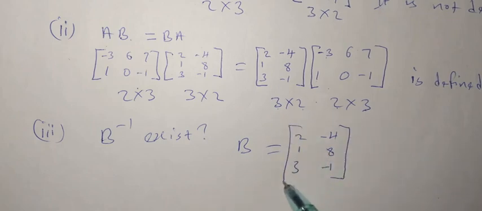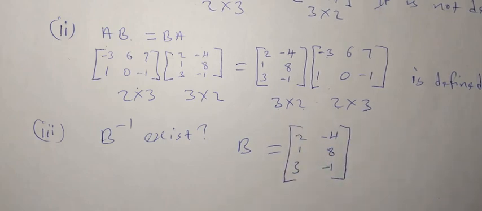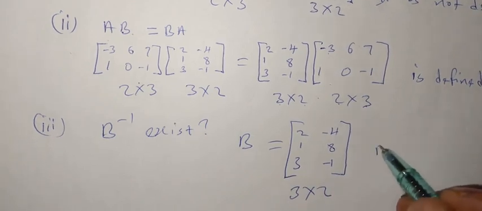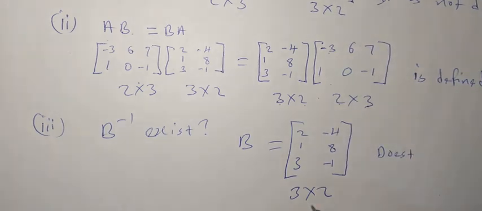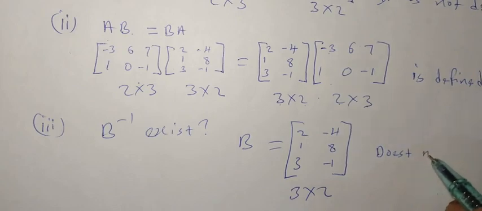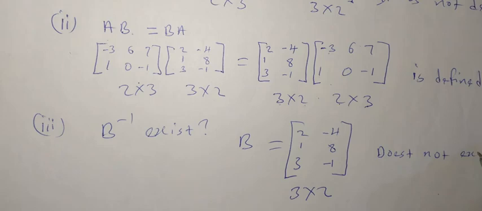You can only calculate the inverse of a matrix using a square matrix. This is a 3 by 2 matrix, so the inverse does not exist because it is not a square matrix. So as a result, we draw our conclusion on this question.